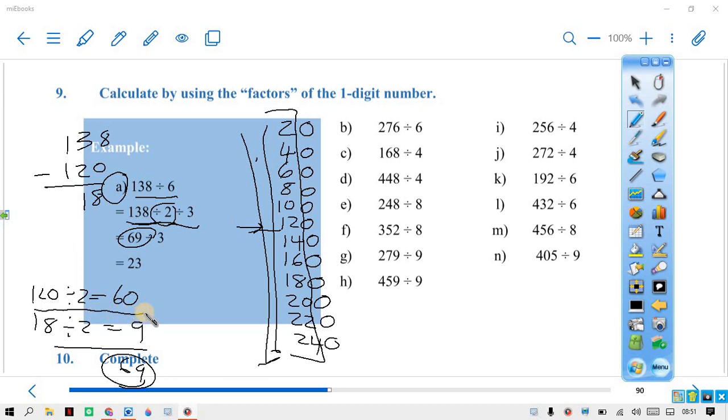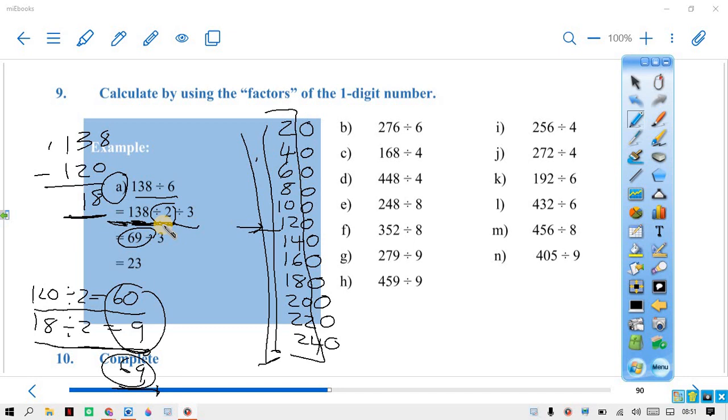Now we're not finished because we only used 120. We still have something left over from this 138. So I said 138 minus 120 gave me 18, and then I said 18 divided by 2 is equal to 9. And now I can add this up. 60 plus 9 equals 69. That's just the first part where it divides by 2.